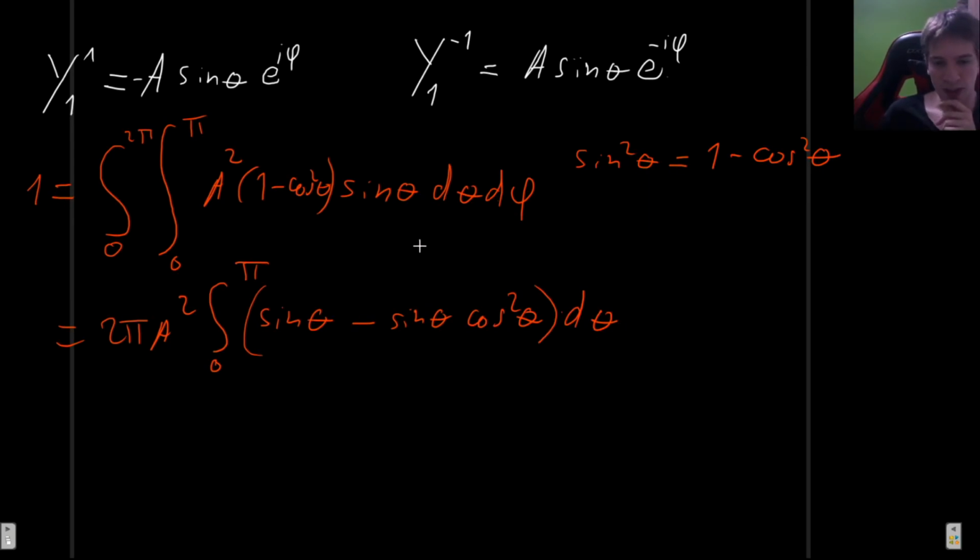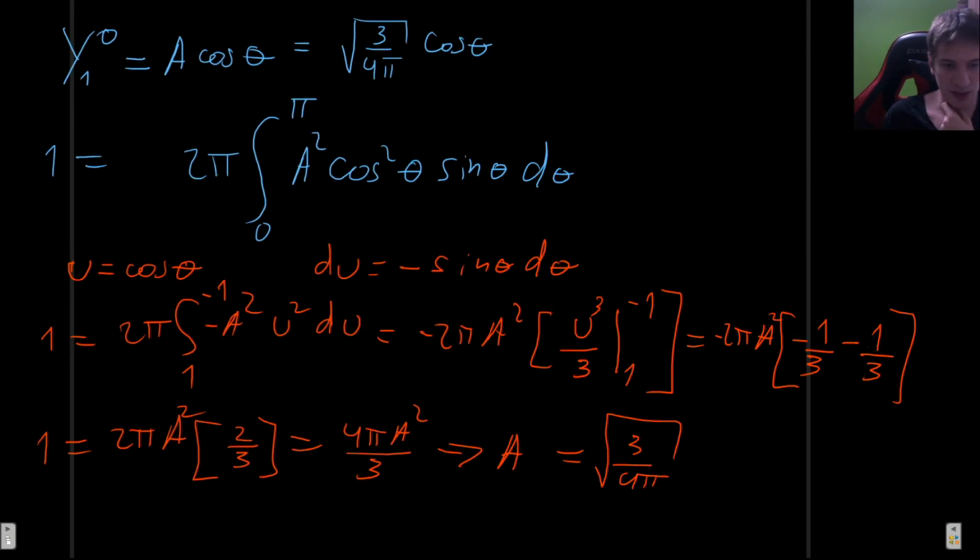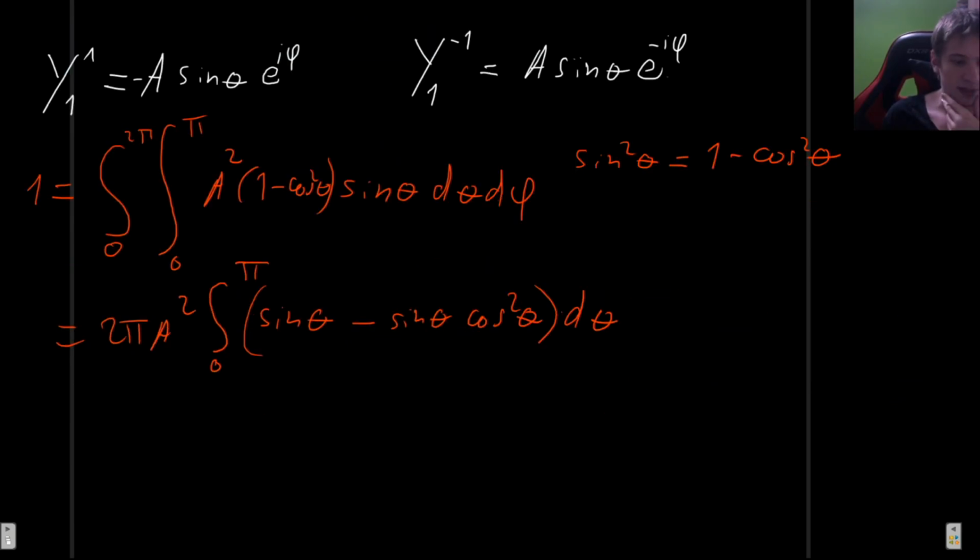Now this part right here may be familiar. We actually just solved that. I'm going to try and see where the integral was. It was right here, right? It was cosine squared sine theta, and the result for this integral was minus 2/3. So let's just plug in. I mean, there's no reason to do the integral again.